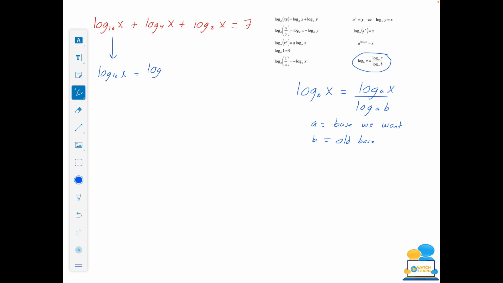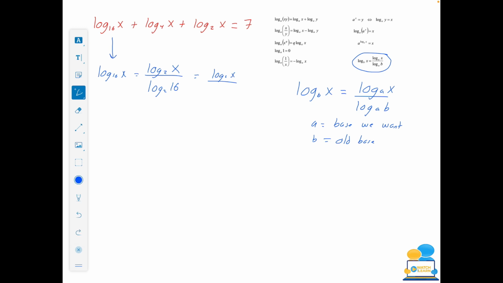It doesn't make a huge difference, but we'll go with 2. So we'll change this using our formula: a is the base we want, so that's log to base 2 of x, all over log to the base we want of our old base. So we have log to base 2 of x over log to base 2 of 16.